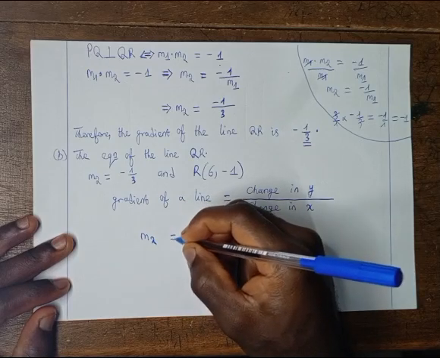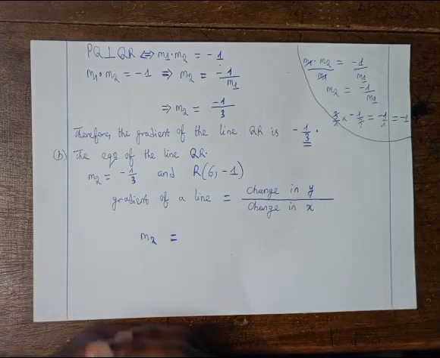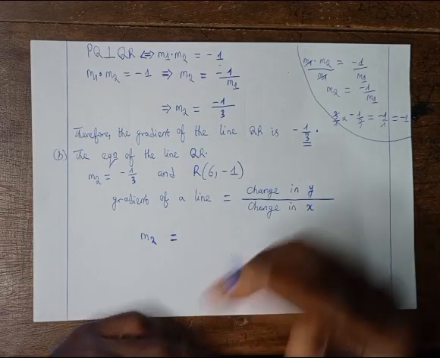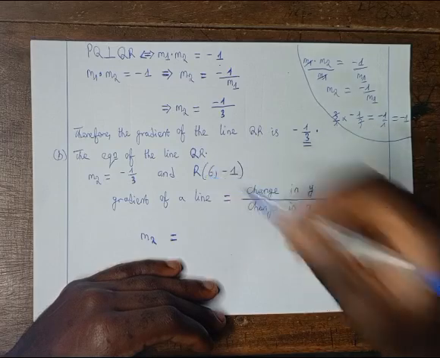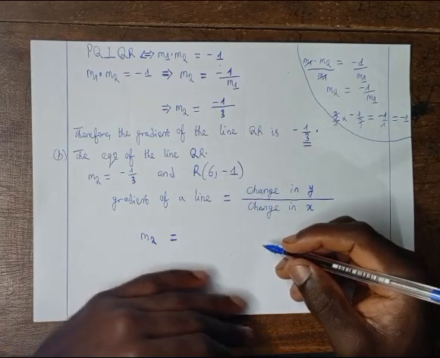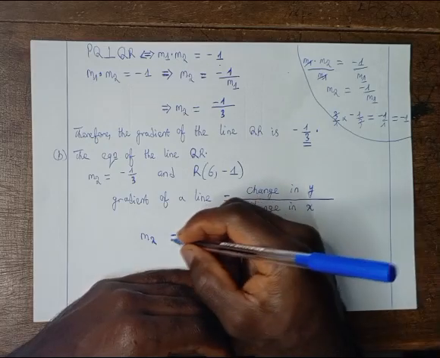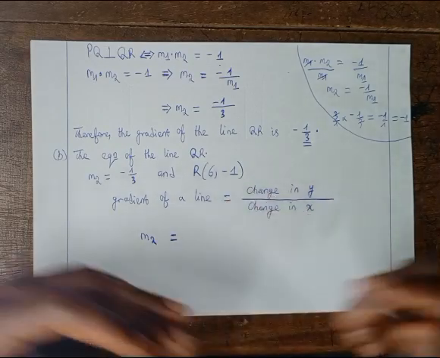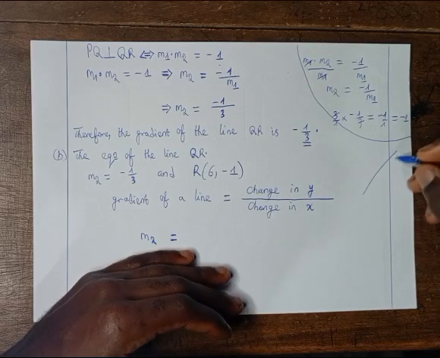We have been given a point on the line QR, with known coordinates. We are going to make use of an arbitrary point, that means any point on that line. Let's assume this is the line.